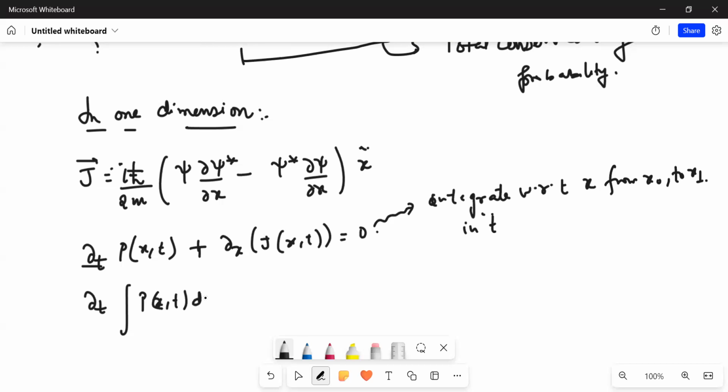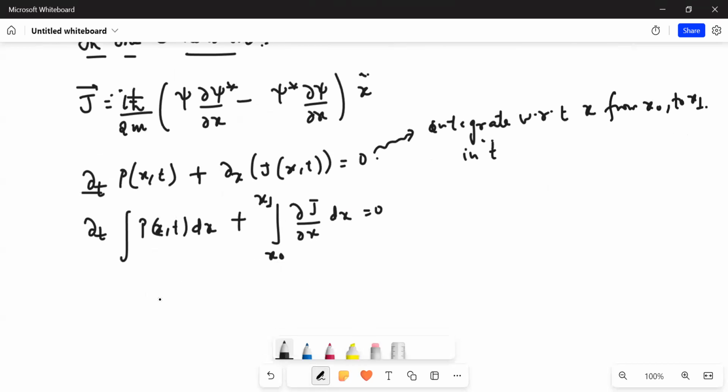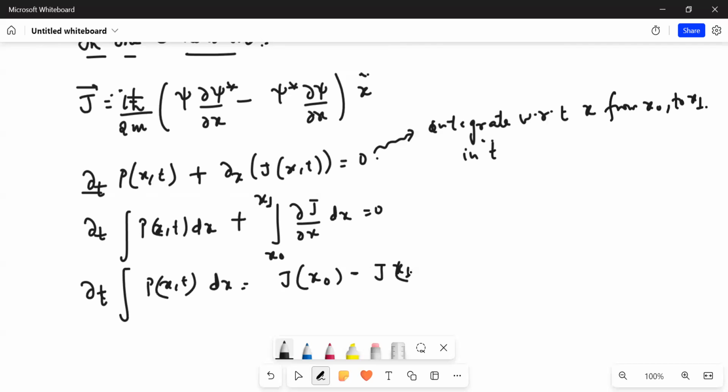Then this will become del j upon del x, and you have this integration with respect to x from x0 to x1 equal to 0. Now, if I write this, it is going to show me that del by del t of probability P(x, t) dx is equal to j of x0 minus j of x1.